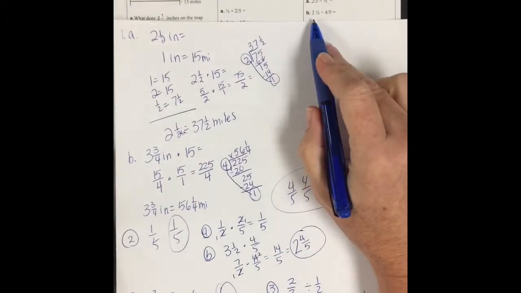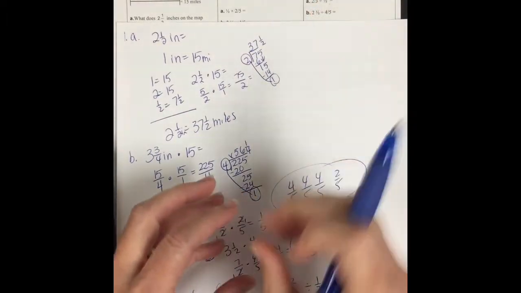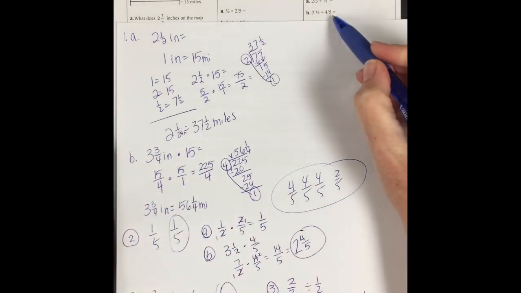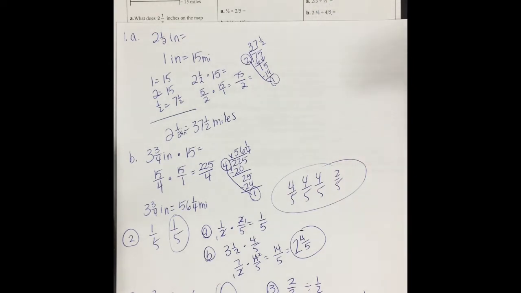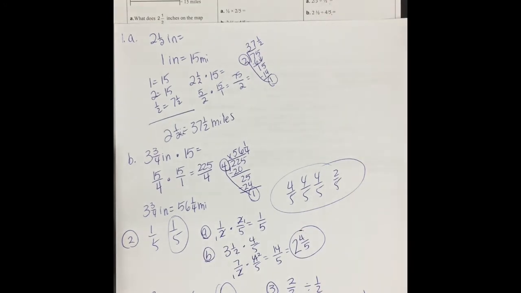So we are going to move on to B. B is 2.5 divided into 4/5 pieces. So 4/5 is almost 1. So I'm thinking my estimate, 1, how many ones are in 2.5? There's about 2.5. So my answer is going to be fairly close to 2.5. It's probably going to be a little bit bigger because this isn't quite 1.